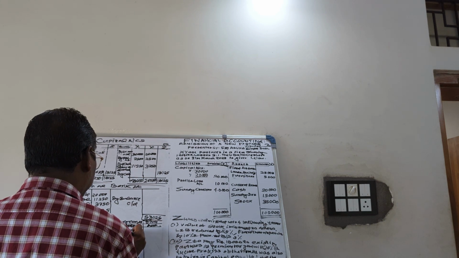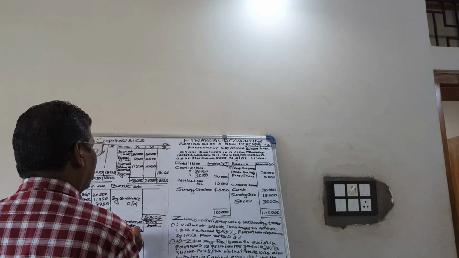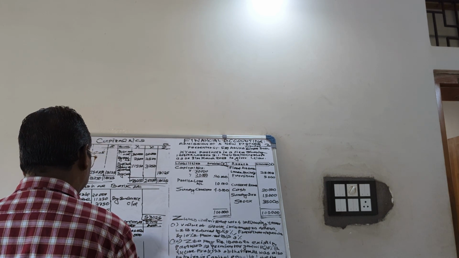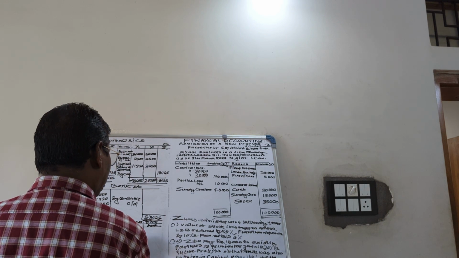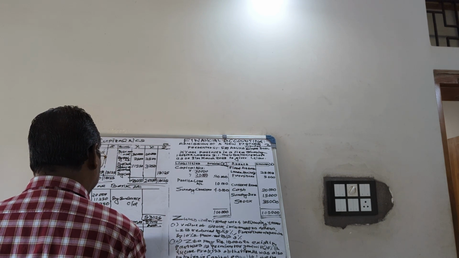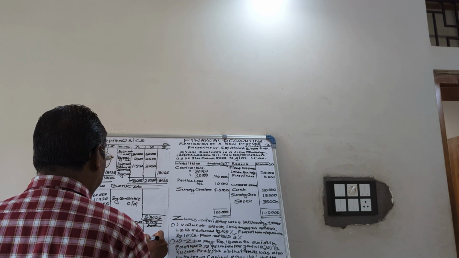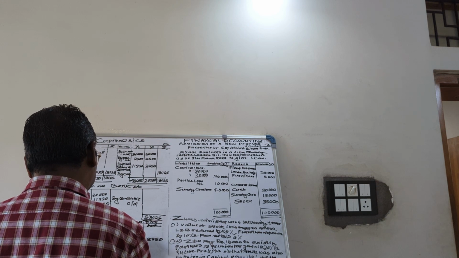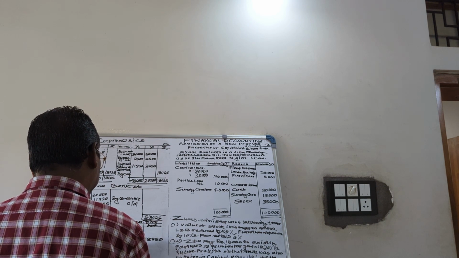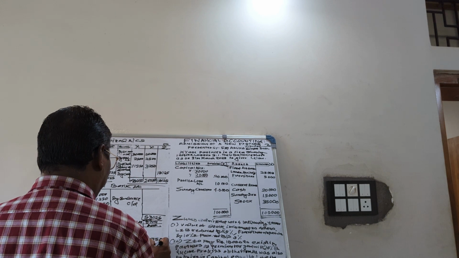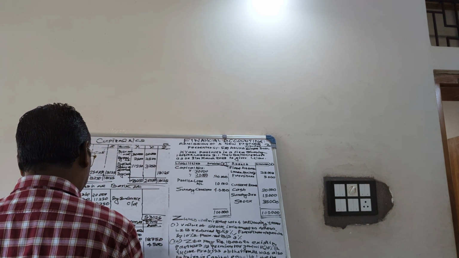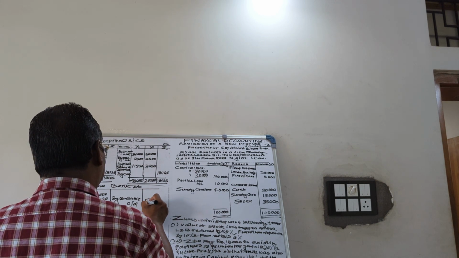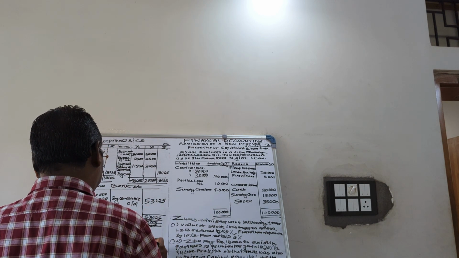Then we will do asset side, that is fixed assets. Under fixed assets, we will write first land and building. The value was 25,000 less reduction in value, that may be depreciation, that is 6250. So it is 18,750. Then furniture, it is 5,000 less depreciation 500, that is 4500. Then under current assets, cash we have already prepared. So closing balance is 53,125.